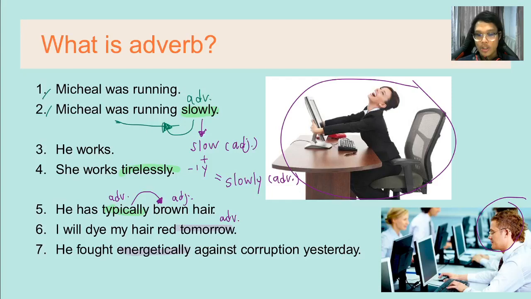When we talk about energetically, it means that they do the actions very actively. Actually, the word energetically means actively, enthusiastic, something like that. He fought energetically against corruption yesterday. So again, energetically describes the manner of how he fought, right?